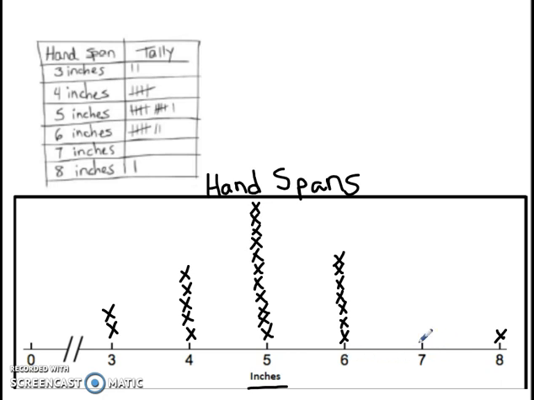We can also clearly see that no one had 7 inches and that very few people, only one person, had an 8-inch handspan. So the line plot easily can show us multiple measurements of a certain thing.